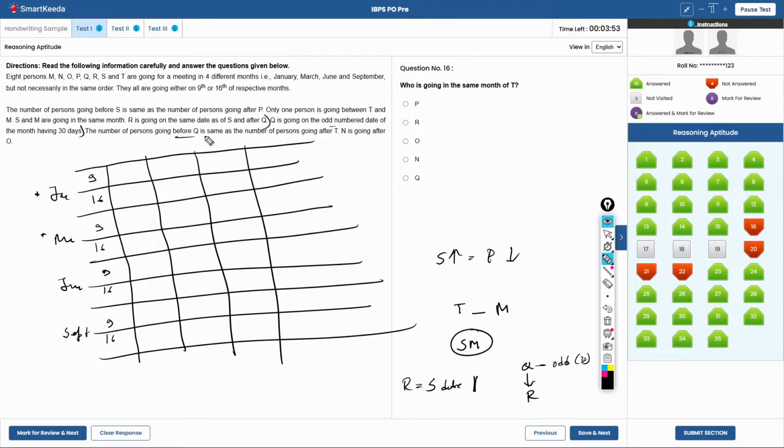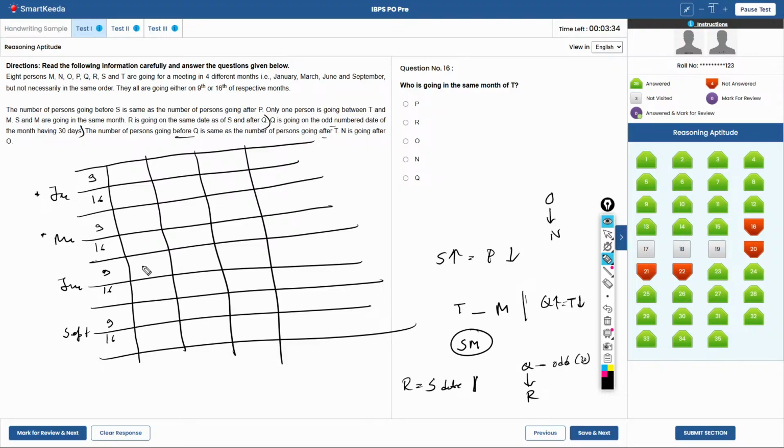The number of persons going before Q is the same as going after T. N is going after O.